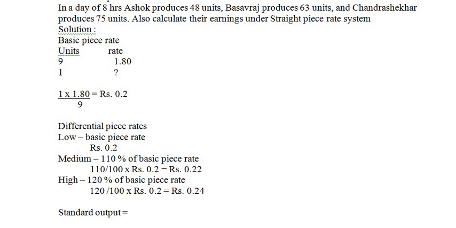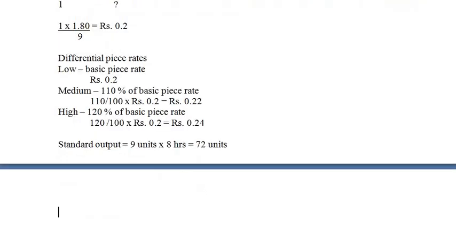Standard output is equal to, now what they have given, per hour 9 units will be produced. Per hour 9 units are produced and company works for 8 hours a day. So 9 units into 8 hours, that is equal to 72 units. Next is to calculate percentage of efficiency.